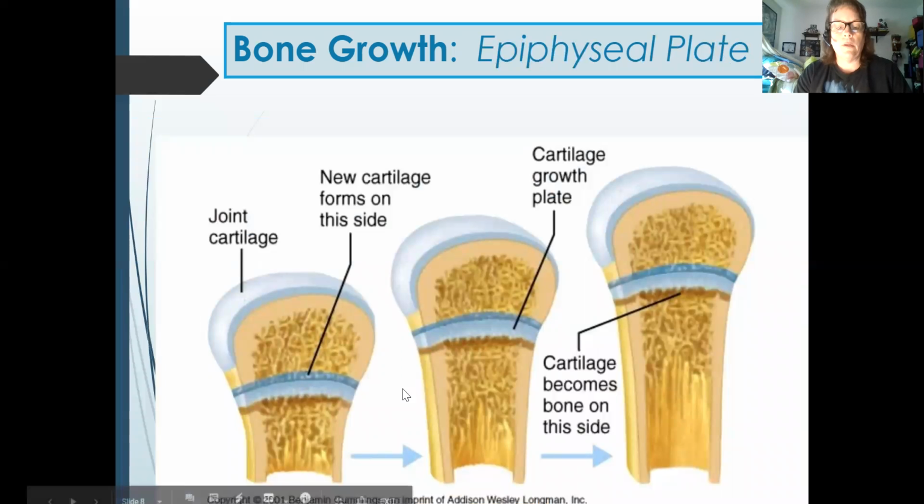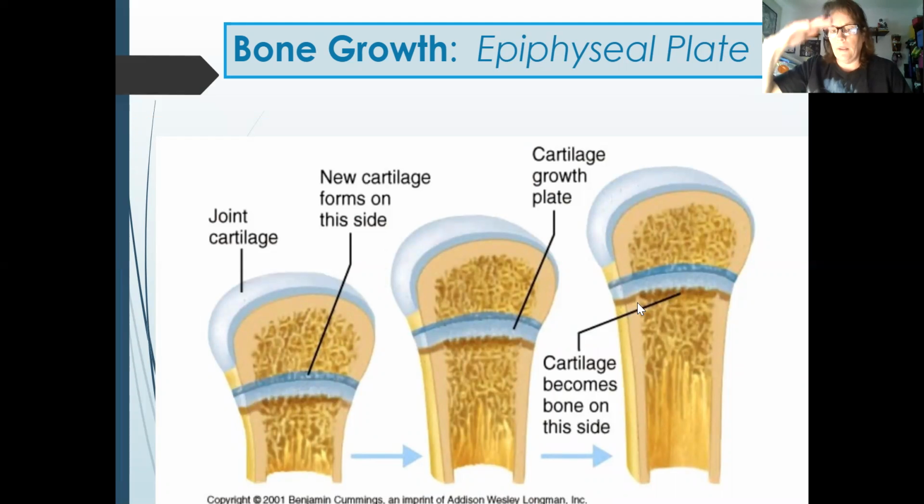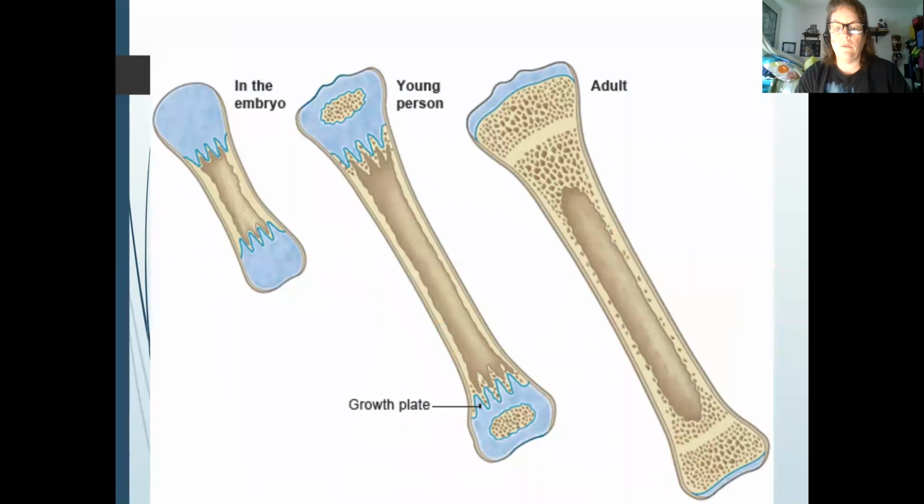All right, another picture just showing you the joint cartilage or the articular cartilage around the end of the bone, but this line right here is that growth plate or epiphyseal plate. It shows you how cartilage is forming, and then the cartilage will become bone on the inferior side. Just another picture, again, demonstrating the amount of cartilage found in babies and young people versus adults.